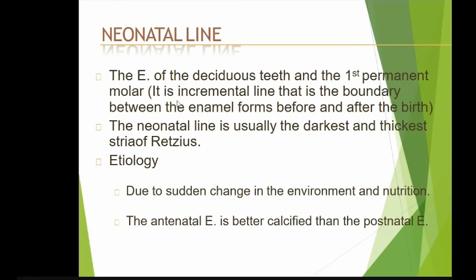It is an incremental line that is the boundary between the enamel formed before and after birth. So what does the neonatal line mean? It is also an incremental line, part of the striae of Retzius, but it marks a boundary between the enamel formed before and after birth. The neonatal line is usually the darkest and thickest stria of Retzius. As I told you, it is a stria of Retzius, but it is the darkest and the thickest.